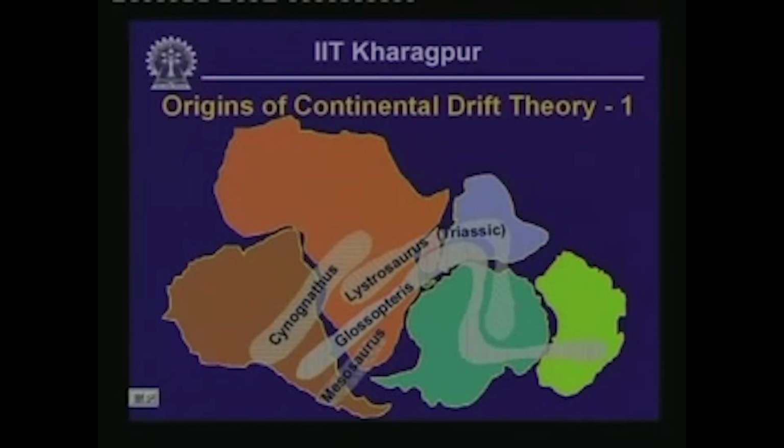For example, Cynognathus is basically a reptile of the Triassic age, and Lystrosaurus is another Triassic species. Cynognathus is found across the continents of South America and Africa, and fossils of Lystrosaurus were found across Africa and India.